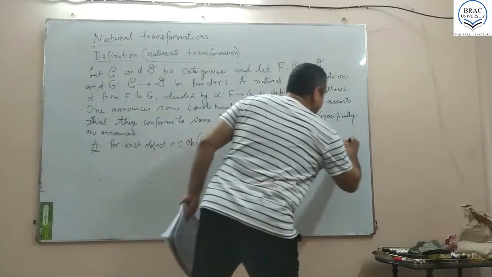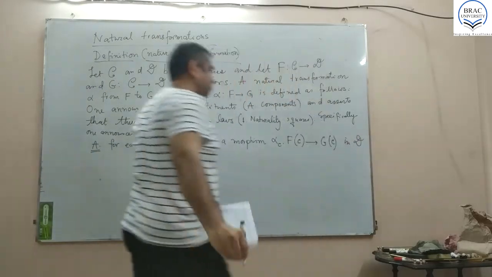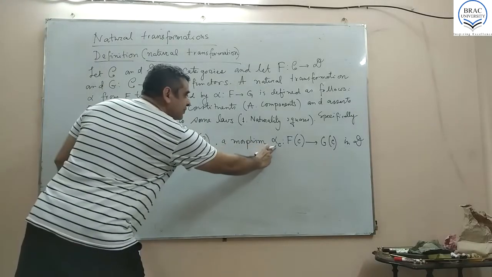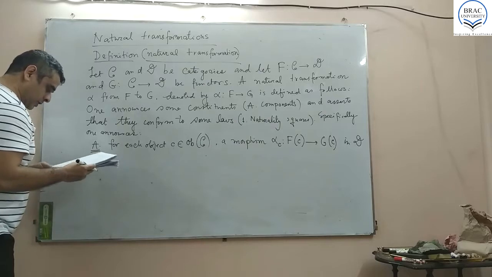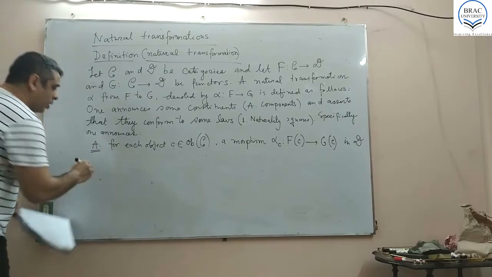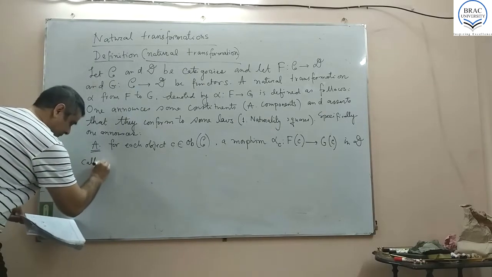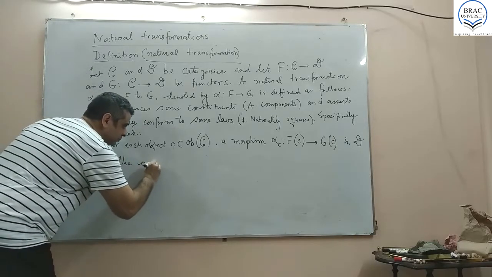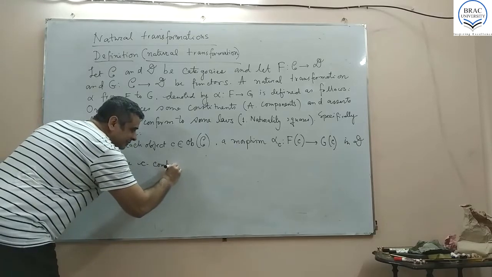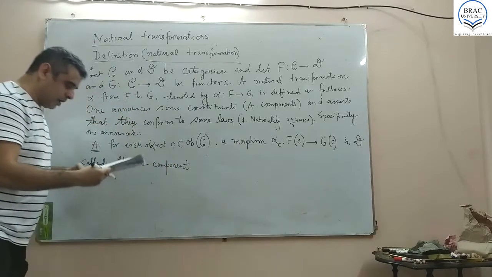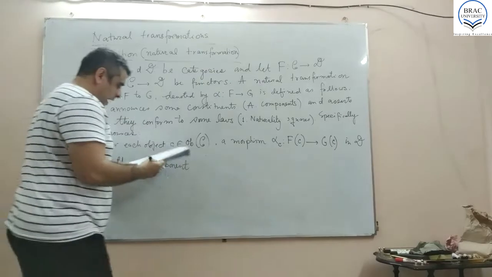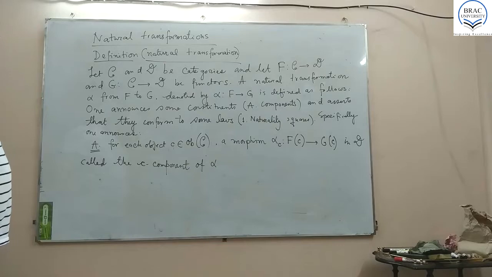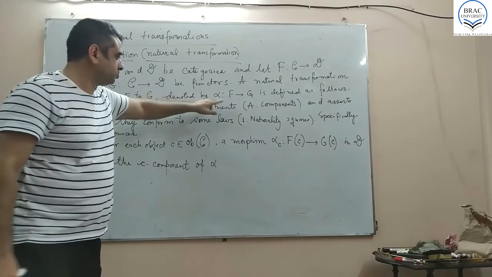So this is all happening in the category D. And this alpha C is called the C component of alpha, of the underlying natural transformation.